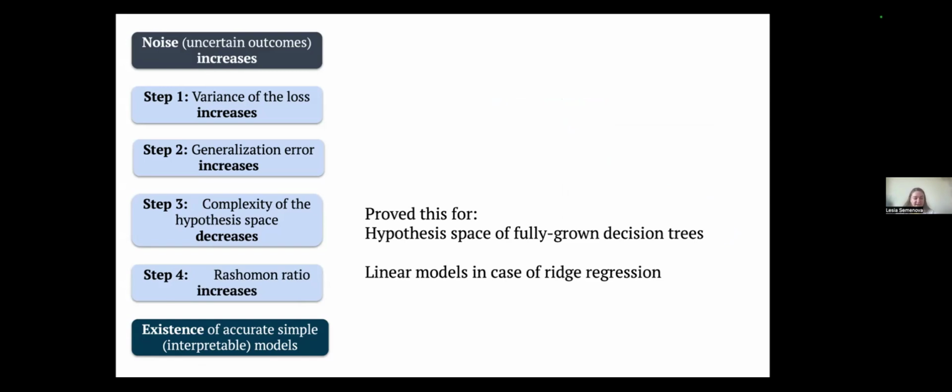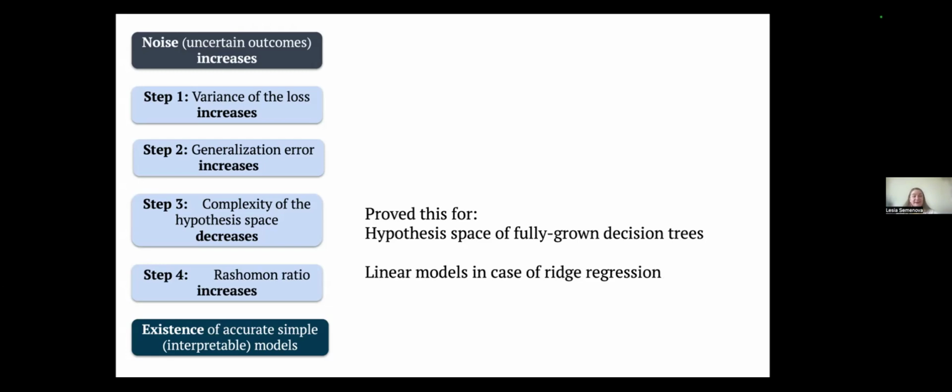In this case, we can show that between decision trees of depth 10 and decision trees of depth 9, the smaller depth decision trees will have a larger Rashomon ratio. But what I would like to focus on a little more is that I also showed it for linear models in the case of ridge regression. This case is interesting because it completes this whole path and validates it. So let's look a little closer into the ridge regression case.